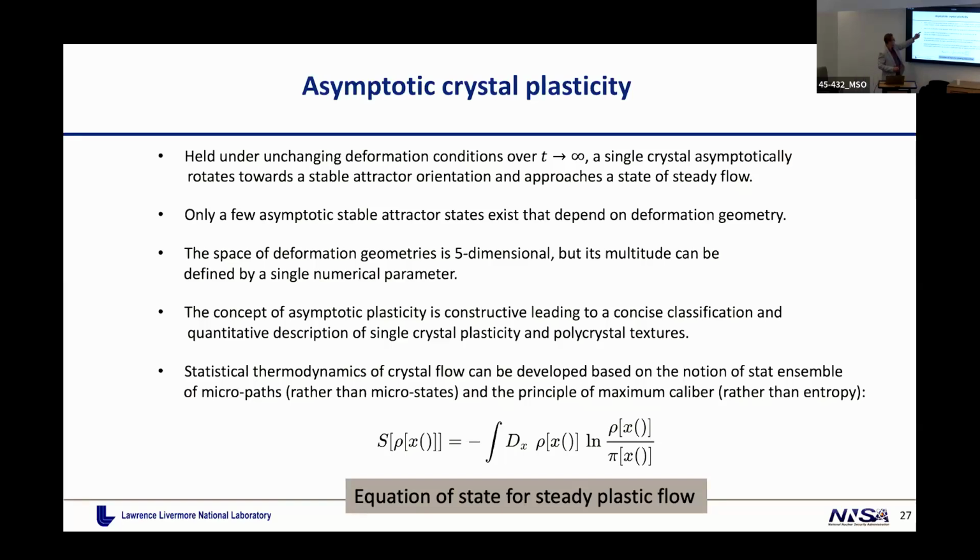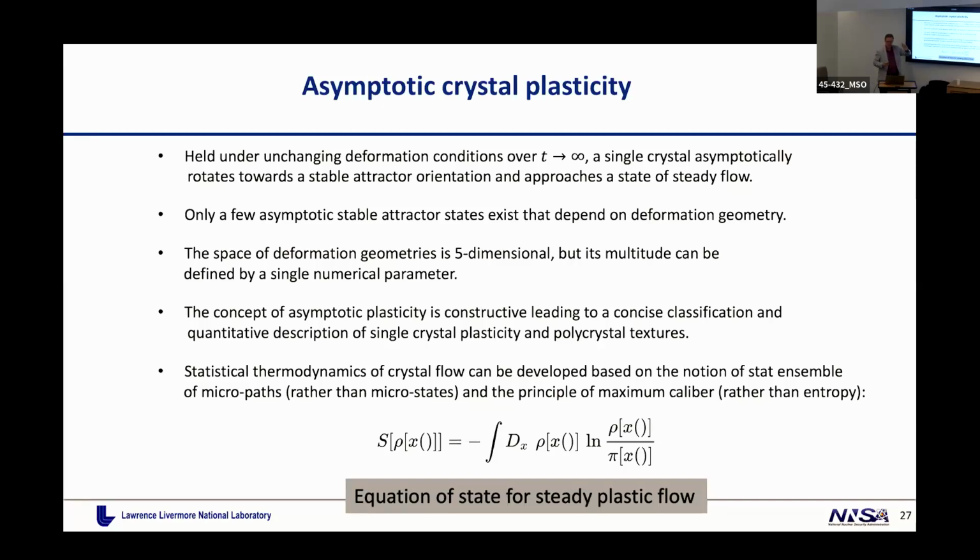And it turns out there are only a few asymptotic stable attractors in the orientation space, and everything streams to them, okay? And that's most amusing. It's actually not me who figured that out first. It was Kumar and Dawson in the early 90s.